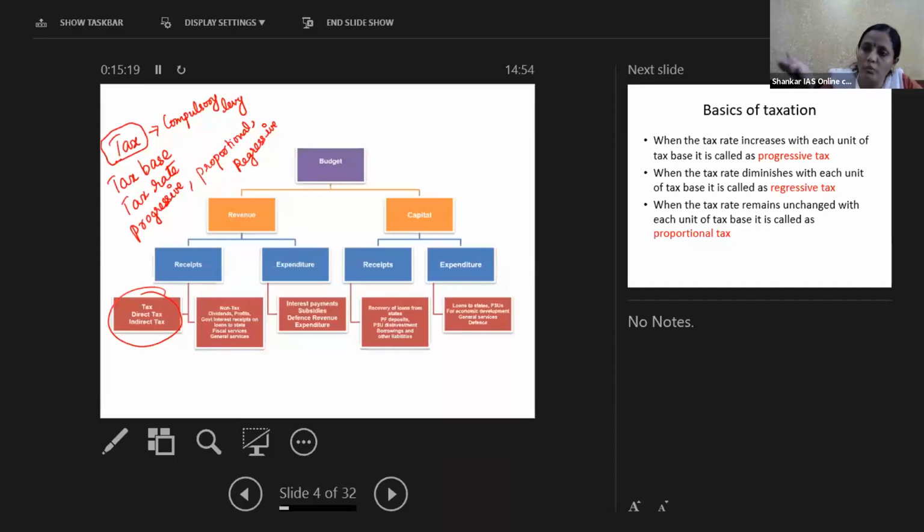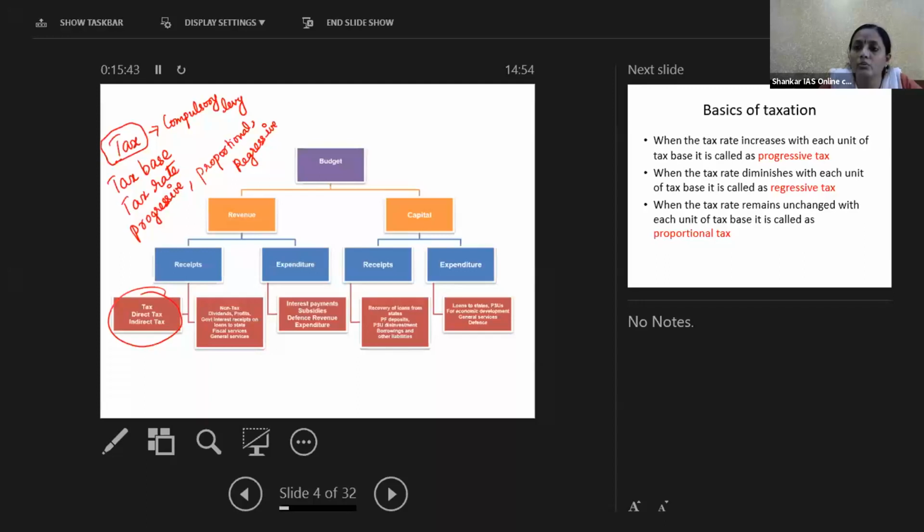You have to put it just opposite to the progressive. What is progressive? As the income level is increasing, the tax rate is also increasing. Now we are going to say for regressive, as the income level is increasing, the tax rate is decreasing. You may be wondering whether this will happen.